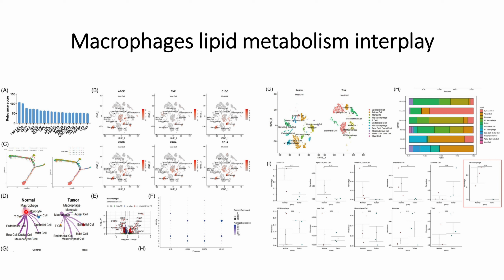In the normal case, the macrophages are more prone to help differentiation towards acinar cells, whereas in the tumor, the macrophages are more prone to help in the differentiation to form epithelial cells. That's the reason epithelial cells are more in the tumor cells, as we have seen in the previous videos.